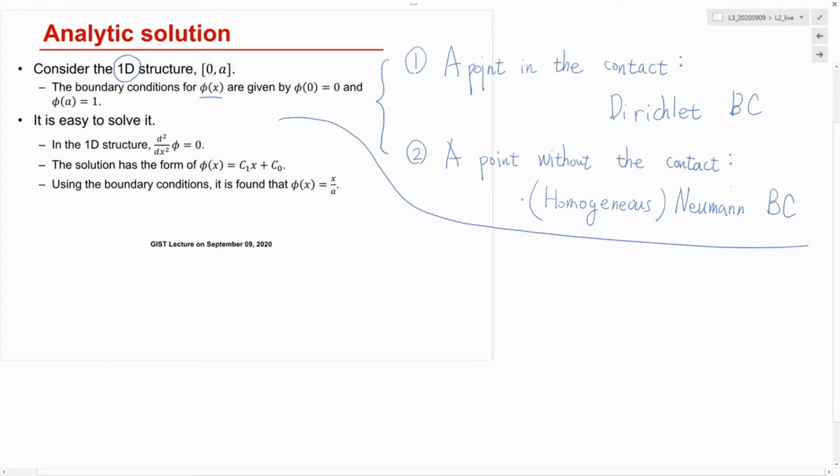And let's come back once again to our simple 1D problem, the 1D Laplace equation. Since our equation is just a second order derivative of our function, the second derivative of the function vanishes.